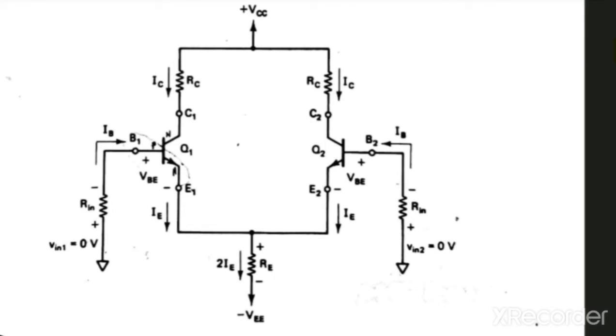This is the DC equivalent circuit of the dual input balanced output differential amplifier. We can see here that V input 1 and V input 2 are equal to 0 volt. Now we will apply Kirchhoff's voltage law to the base emitter loop of the transistor Q1.